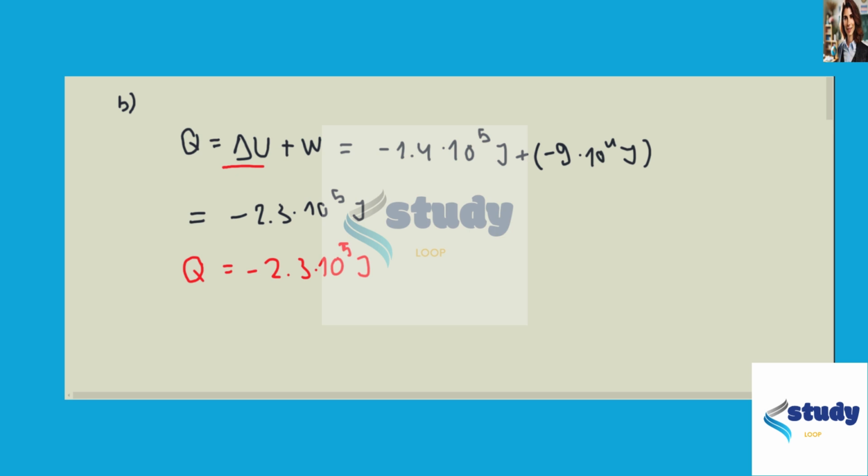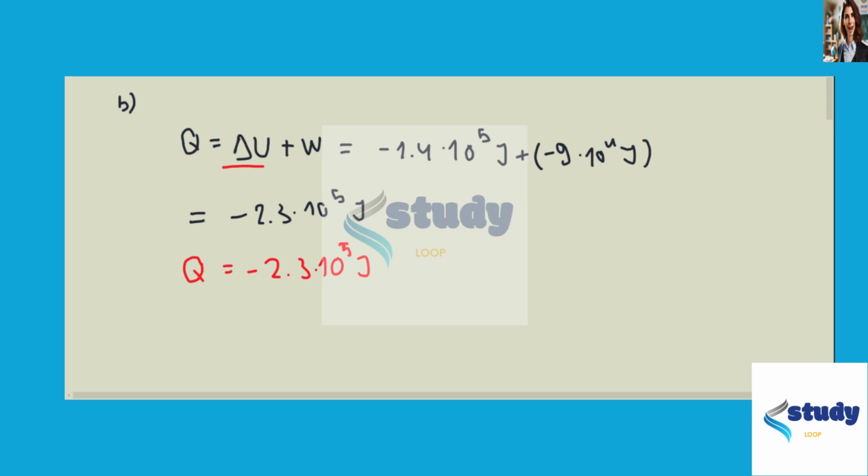But don't forget that in this part of the problem we need to find the absolute value, so we are not interested if it is plus or minus. This minus says that the heat will go out, but we're not interested in that.